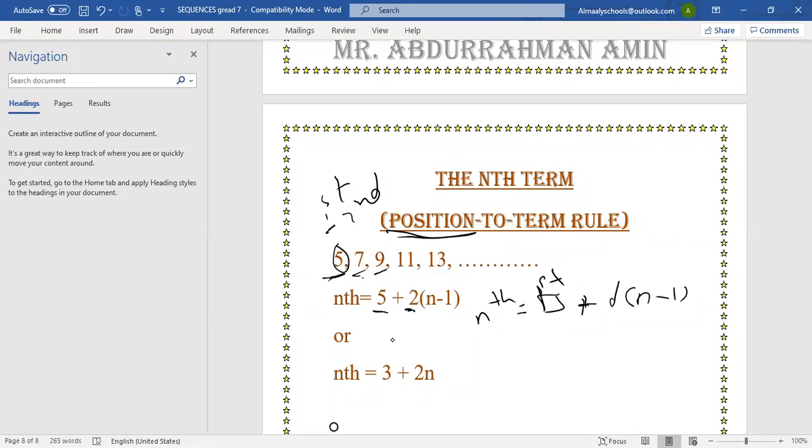Now, the first term will be 5 plus 2 multiply 1 minus 1. It's 5 plus 0. So it's 5. Yes, the first term is 5.